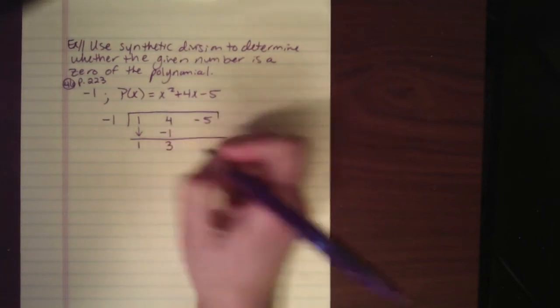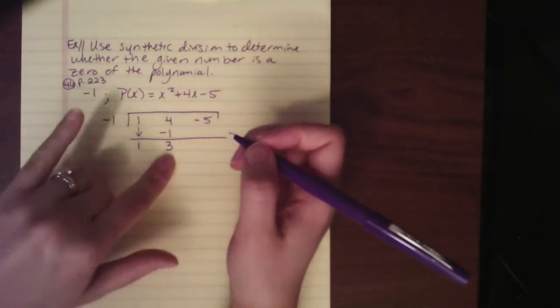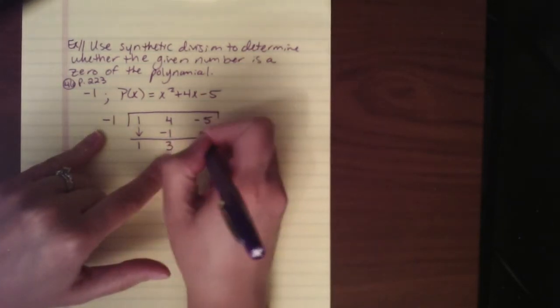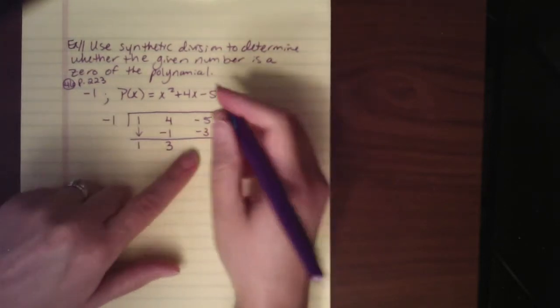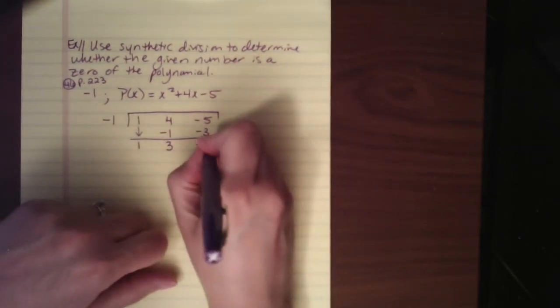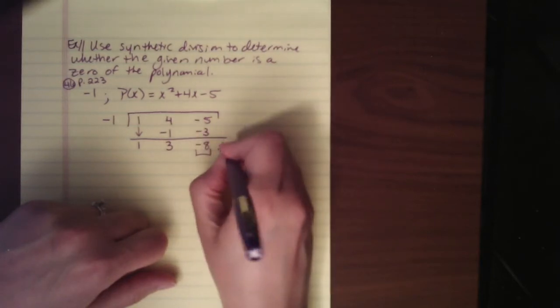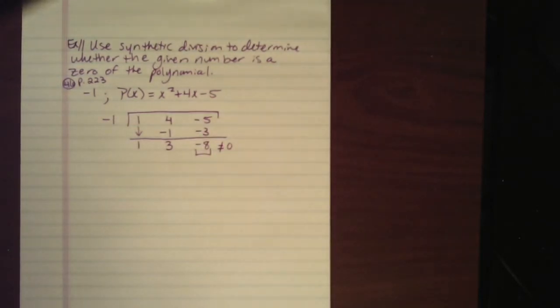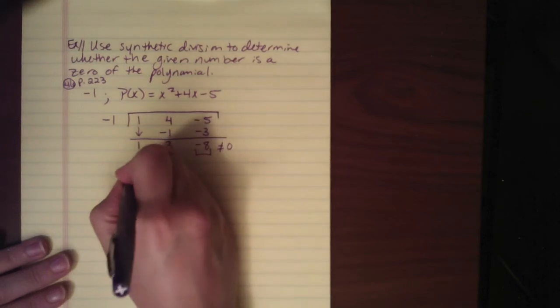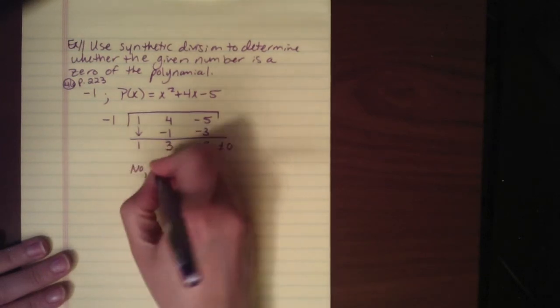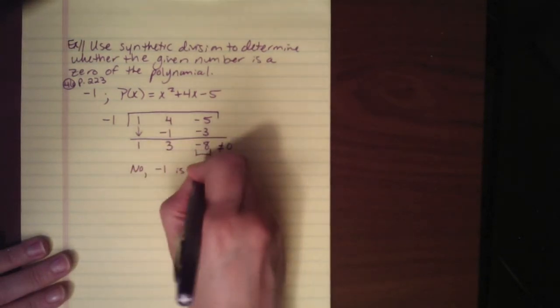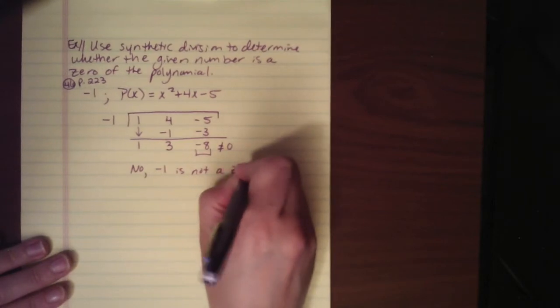Combine to get 3. 3 is below the bar, multiply by -1, diagonally up, -3. Combine, -8. Because this -8 is not equal to 0, because of the remainder theorem, that implies that -1 is not a 0. Okay, so no, -1 is not a 0.